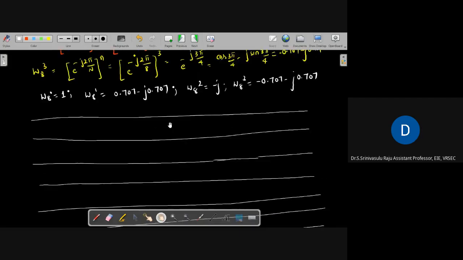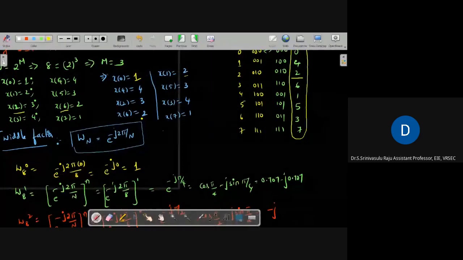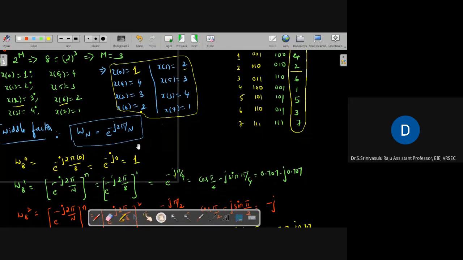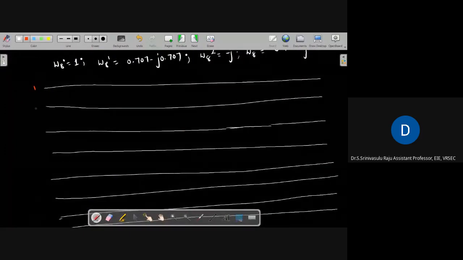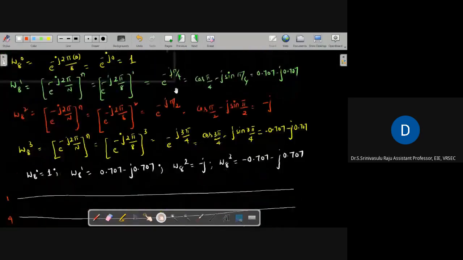Now the input should be passed in bit reversal order, which we already derived. We obtained the bit reversal order values, and now we pass these elements in that order.